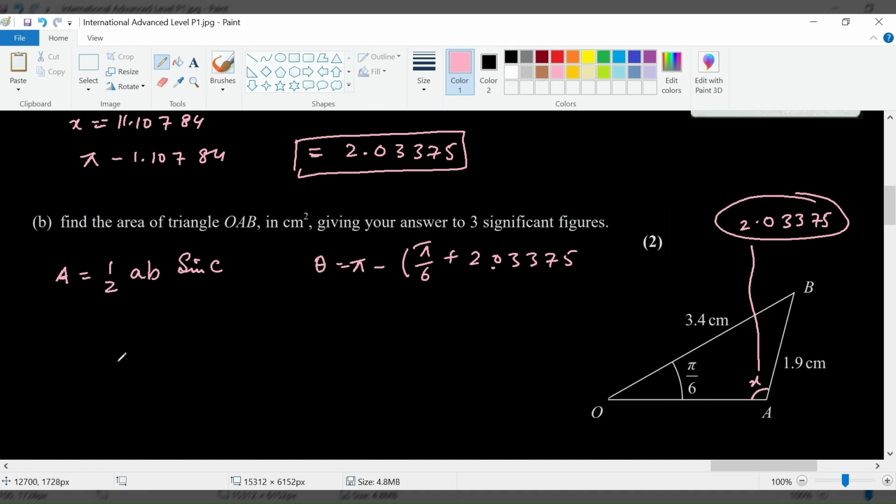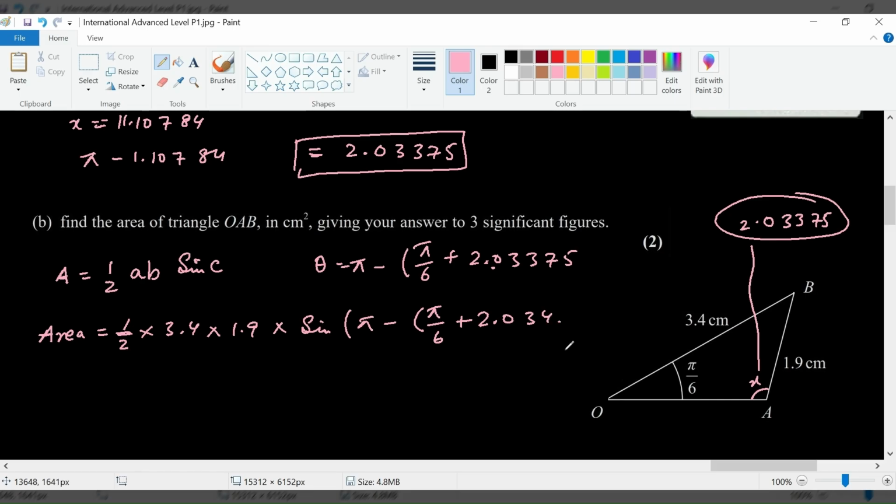Now I'm putting all these into the formula of area. Area will be equal to half of 3.4, which is the radius, and the value I have got from the calculation above. This is going to be sine of pi minus pi over 6 plus 2.034 onwards.